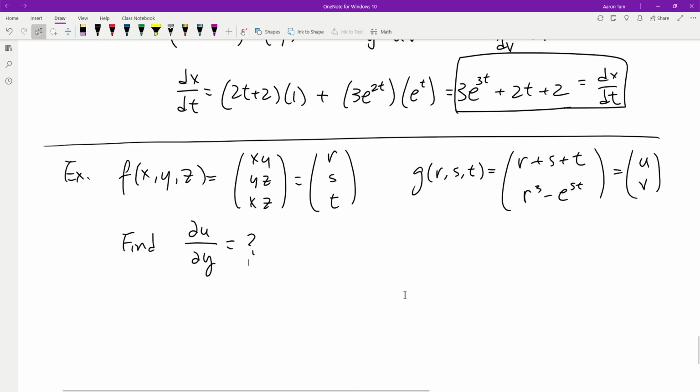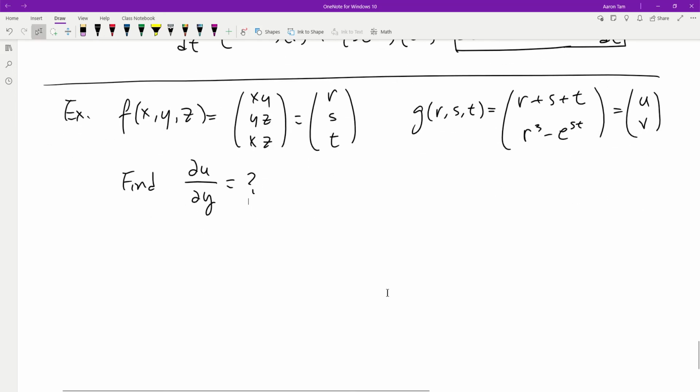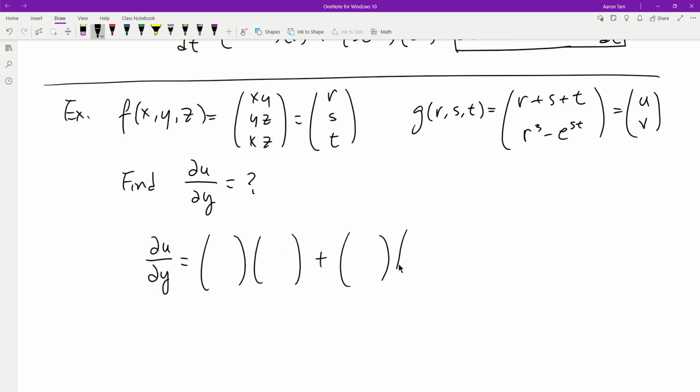So how do we figure this out? Once again, the same way to do it. We'll try to find out what du over dy is. The first thing I'm going to ask myself is, what is the output of the function that involves y as an input? That will be the function f, which gives out three things, r, s, and t. So I'm going to have three of these.